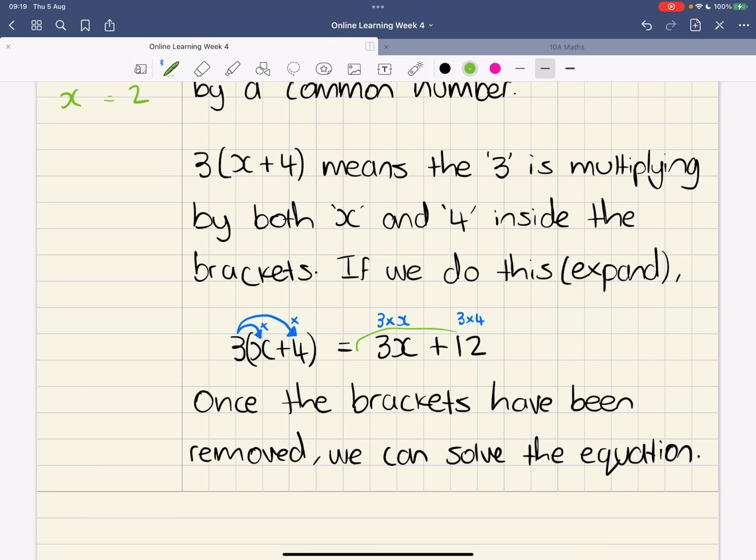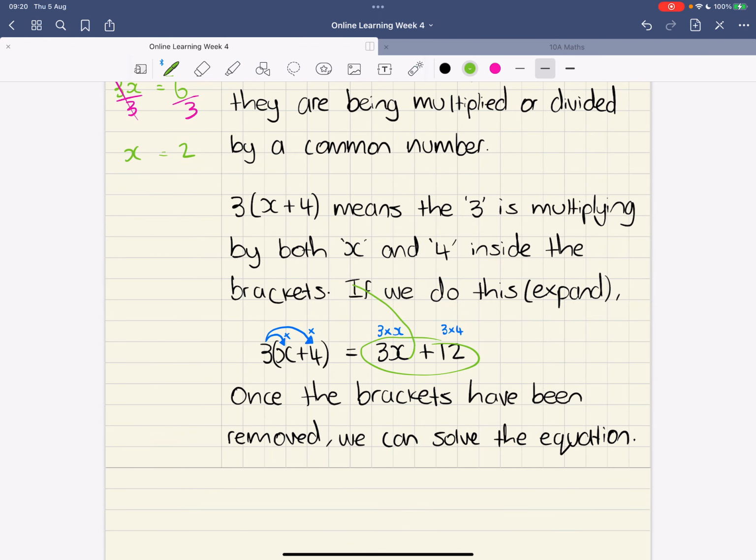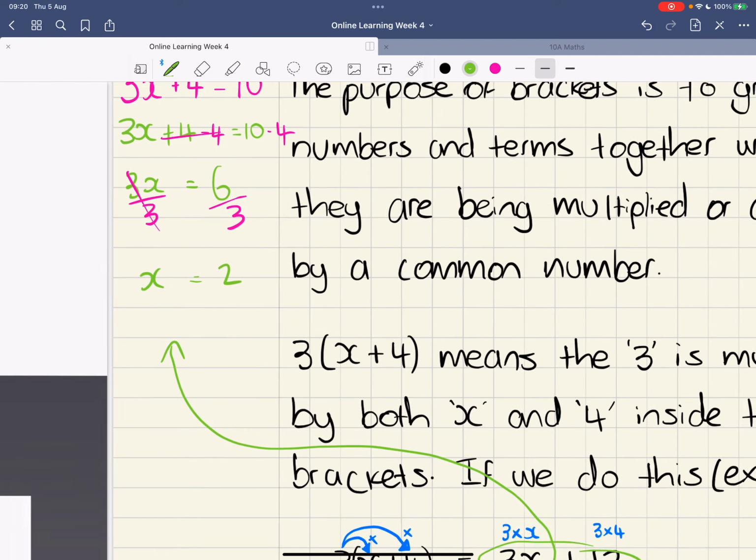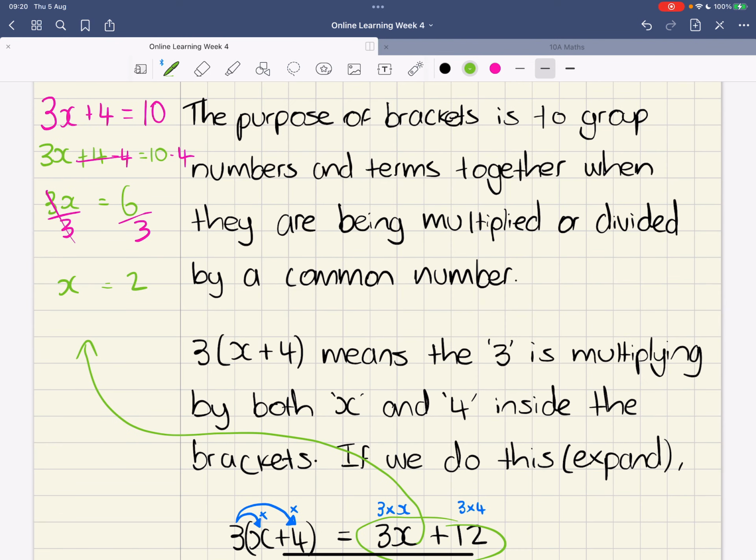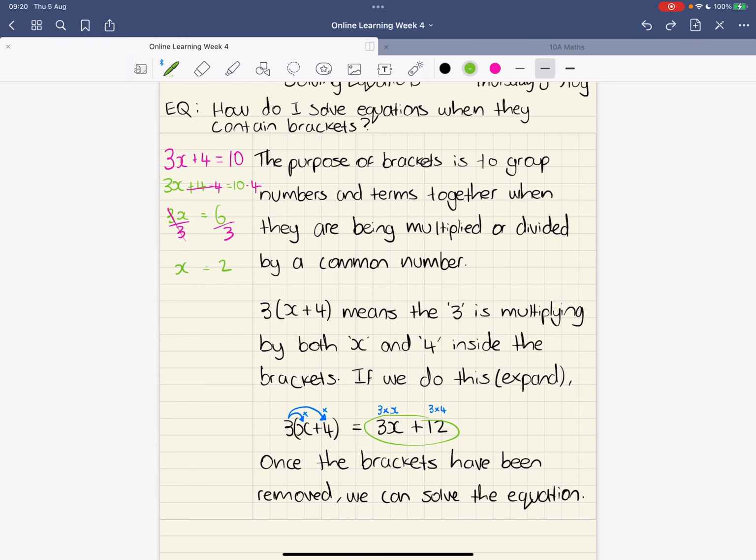You'll see that this is exactly the same format as the question we solved before. It's a slightly different question, 3x plus 12, but it looks very similar now. So the idea is that you're just practicing expanding, which means removing the brackets, and then solving.